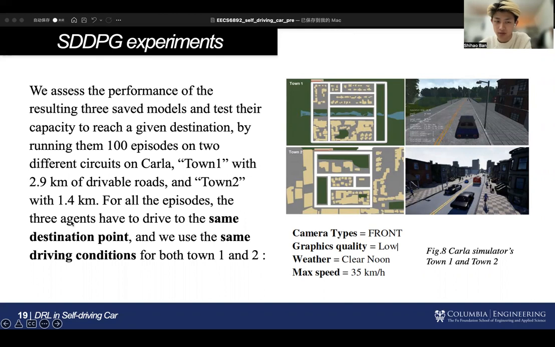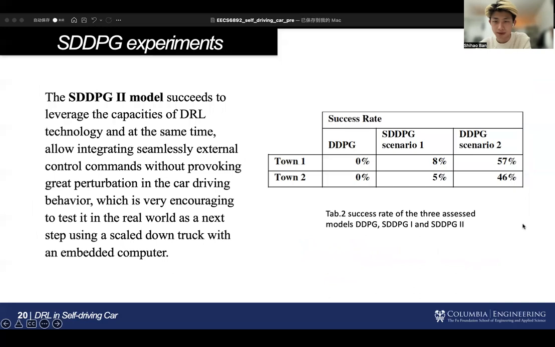The 3 agents have to drive to the same destination point, and they use the same driving conditions for both Town 1 and Town 2. And that's the result.